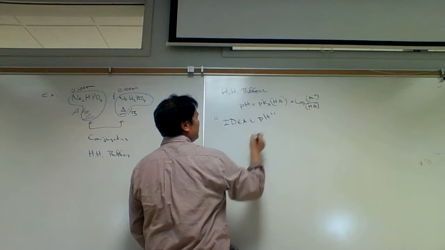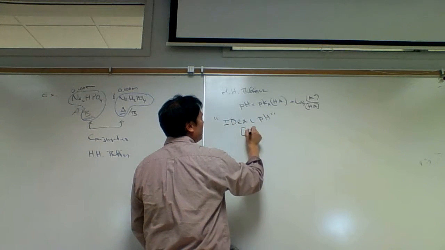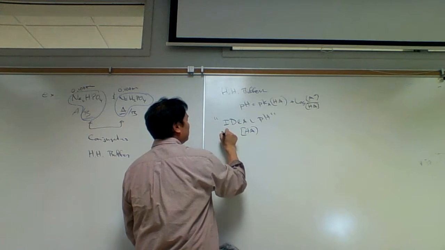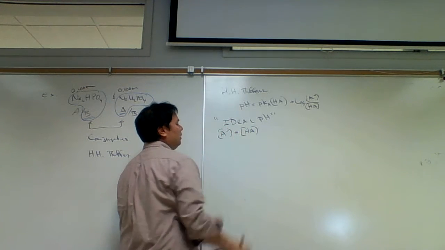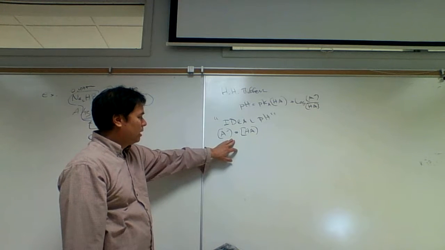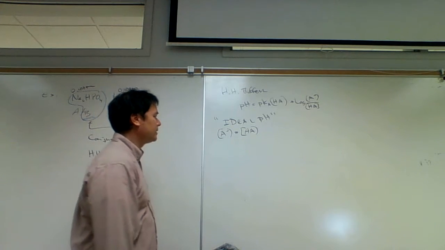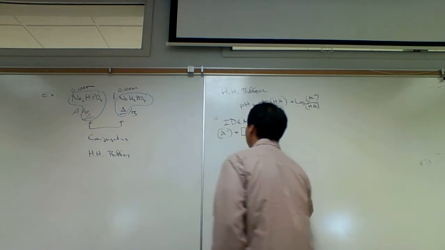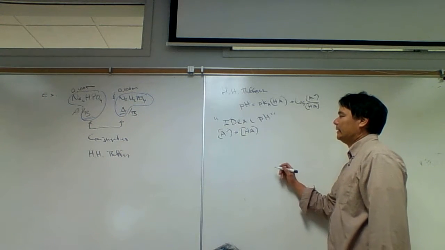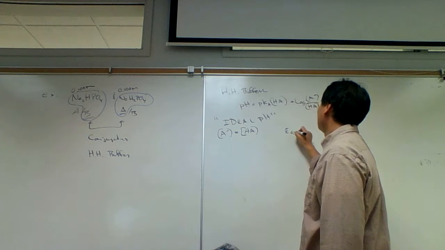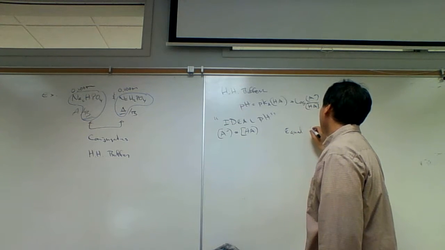The ideal pH is when we have equal amounts of acid and base component present. That is, if we have equal concentrations of base and acid, then what we say is that this has equal capacity to neutralize added acids and added bases.